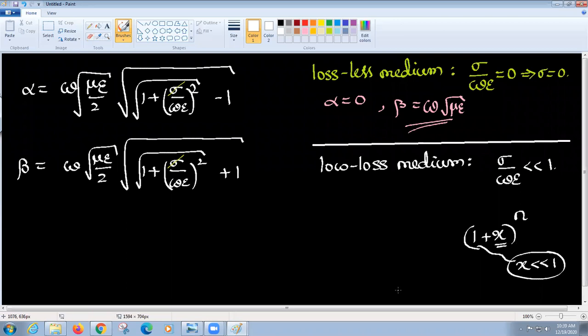How do I write this? 1 plus nx plus n into n minus 1 by 2 factorial x square, plus n into n minus 1 into n minus 2 by 3 factorial into x cube plus so on. So things will go just like this.